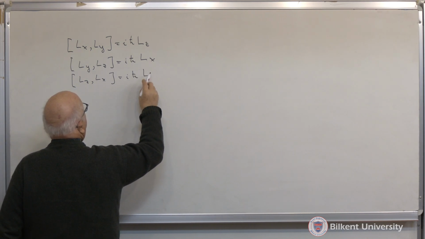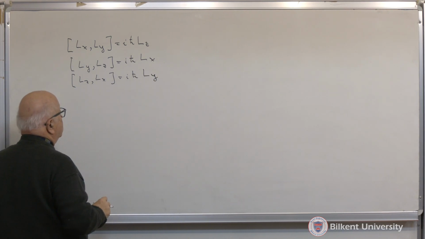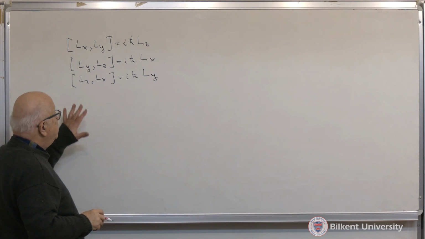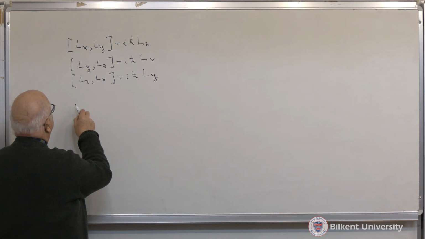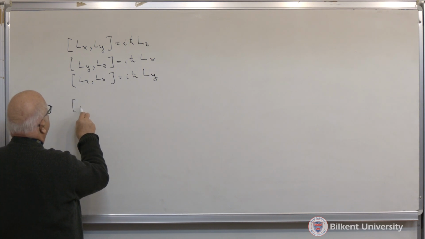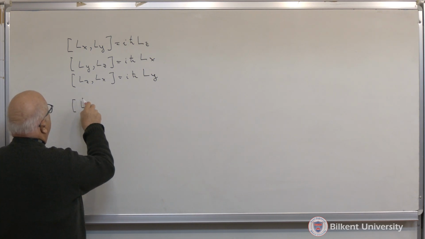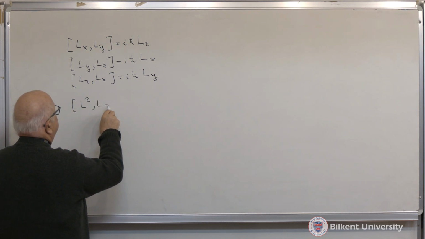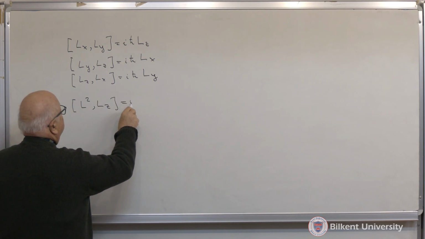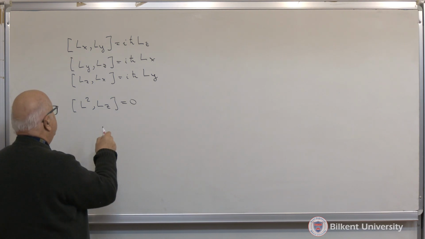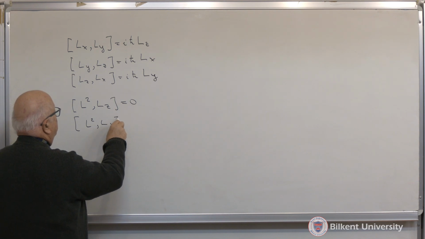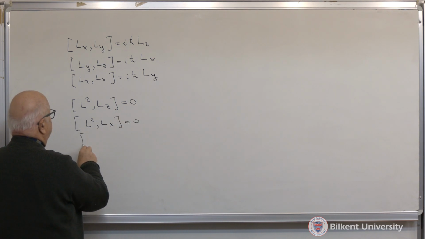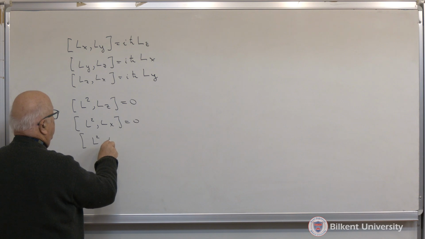Ly. So once we have these, we show that we can look at the commutation relations of L squared with any one of these, Lz turns out to be 0. In fact, obviously, this is going to turn out to be 0 for any direction in space.